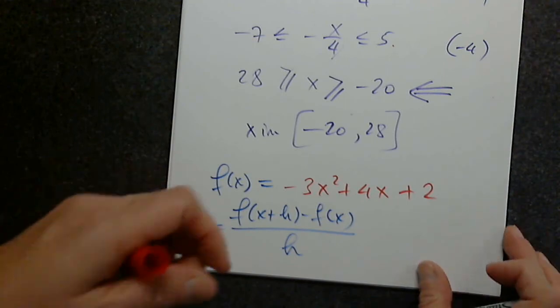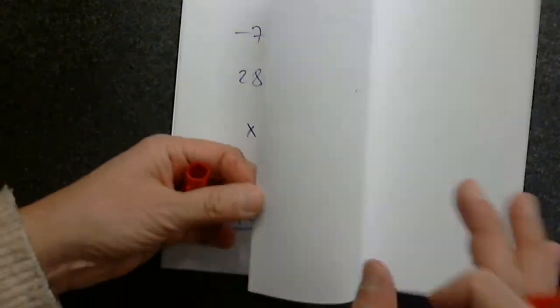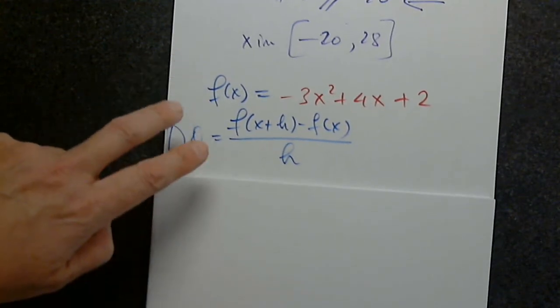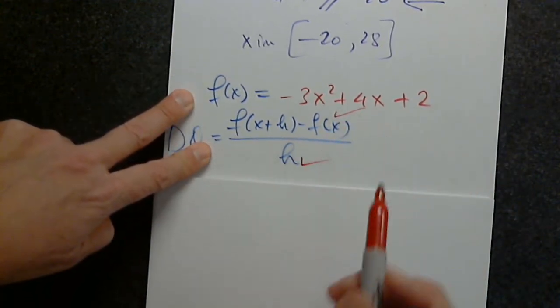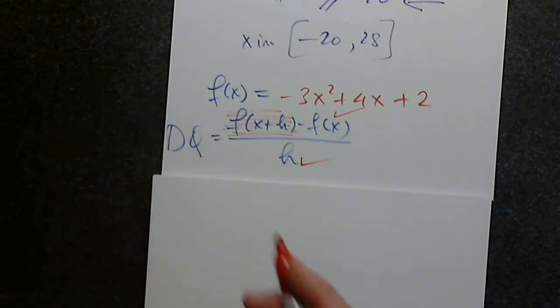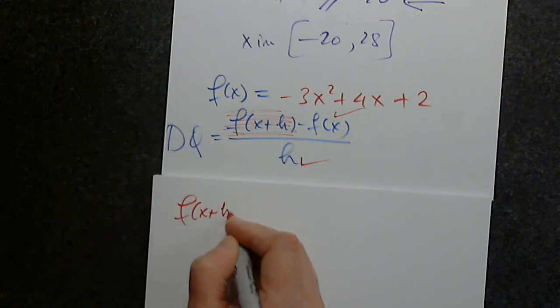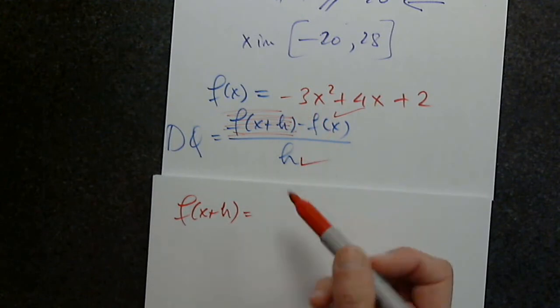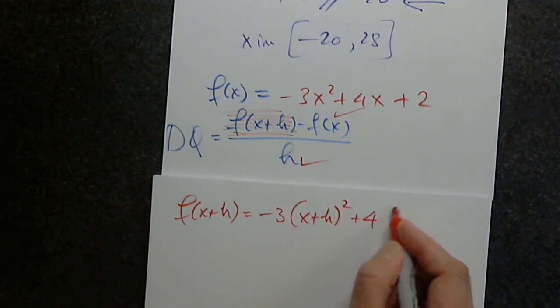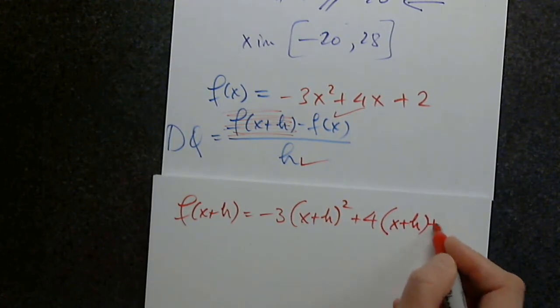Good? Okay. Now, two pieces are known. One piece is not. This is known, this is known. But this is not calculated yet. So I have to find f of x plus h. And the pattern says negative 3 times x plus h squared plus 4 times x plus h and plus 2.